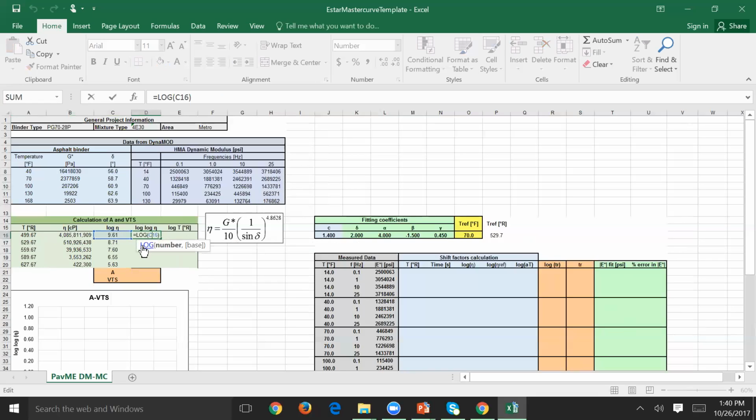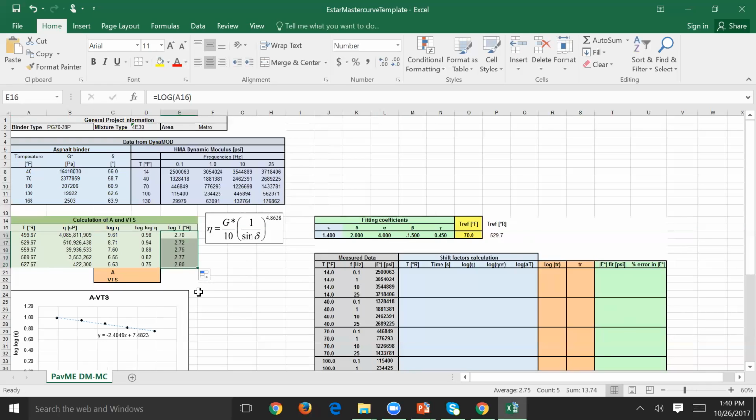You just copy paste to the right, and the logarithm of the temperature. And save our work.